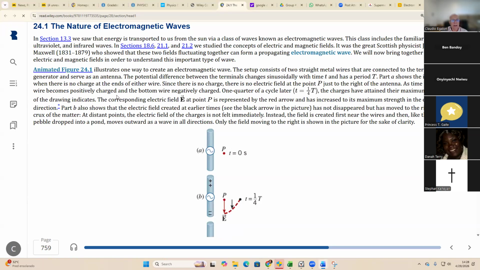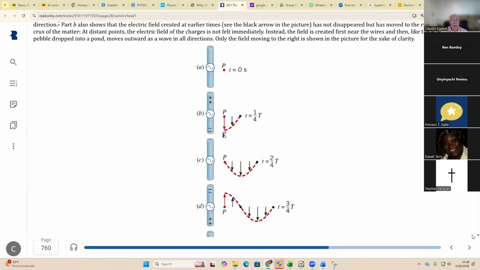Okay, nature of the electromagnetic wave. To generate an electromagnetic wave, you need a circuit. You need an AC circuit. And that's exactly what you have here. This AC circuit is like an antenna. You know, get two pieces of wire connected to your AC, and you don't have to close the loop, okay?